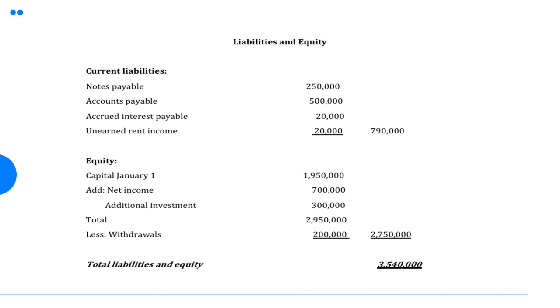Add net income 700,000. Additional investment 300,000. Less withdrawals 200,000. The total equity is 2,750,000. Adding the liabilities and equity amount, the total liabilities and equity is 3,540,000.